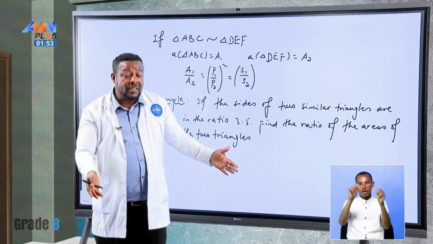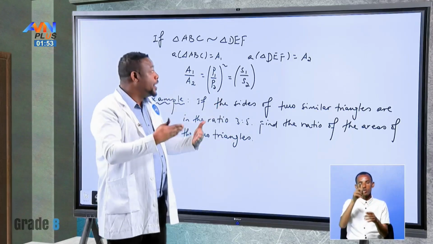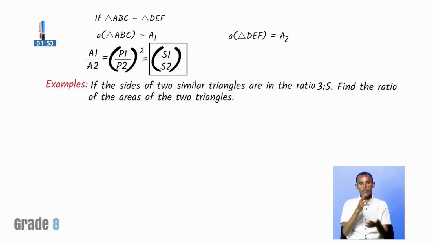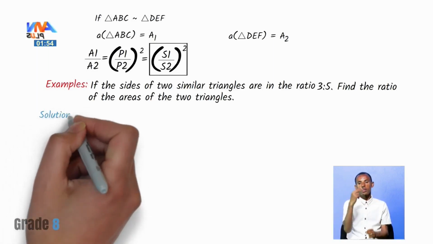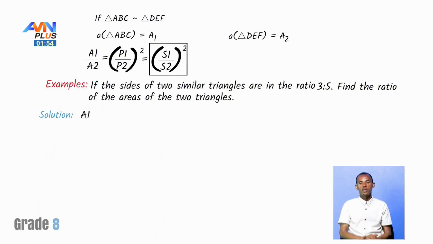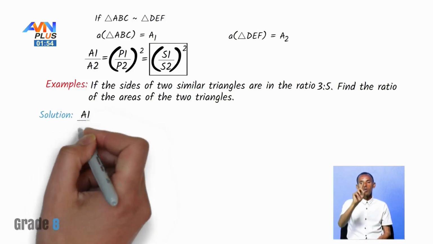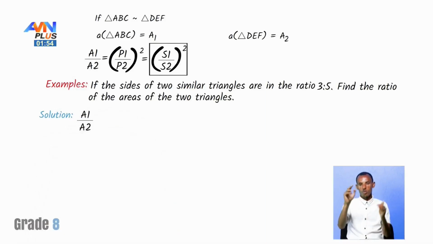To answer this, you need to apply the relationship between the ratio of the areas and the ratio of sides, squared. From our derivation, A1 by A2 is the same as S1 by S2 the whole square.